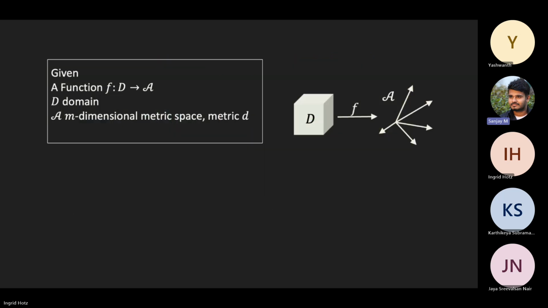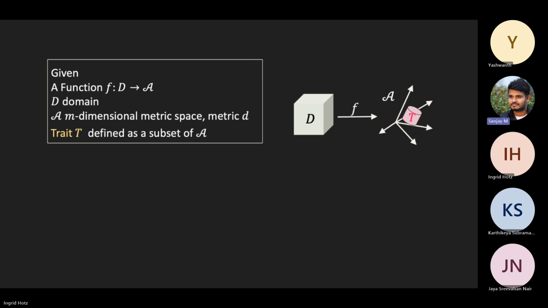So this leads to the definition, in the end, of our feature level set. Given a function from the domain to the attribute space, where D is the domain and A is our m-dimensional attribute space, something really important is that we need a metric space, so we can measure distances. So this is our domain, and this is our mapping to the attribute space.